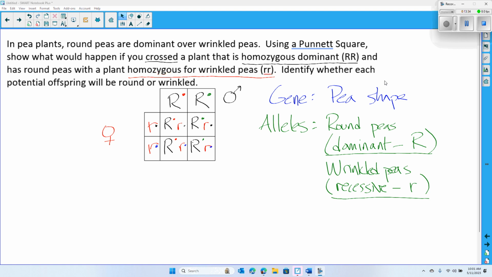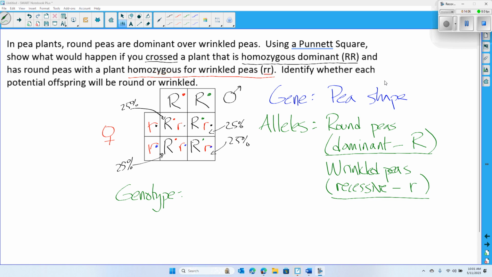Each one of these boxes is 25% likely to occur during any one individual mating event. But since they're all the same, we are going to end up seeing only one possible outcome from this mating. Every offspring that these two parent plants will have has this genotype.